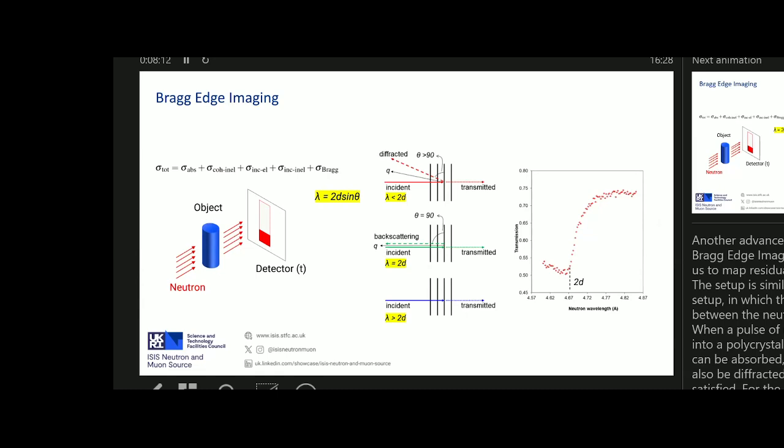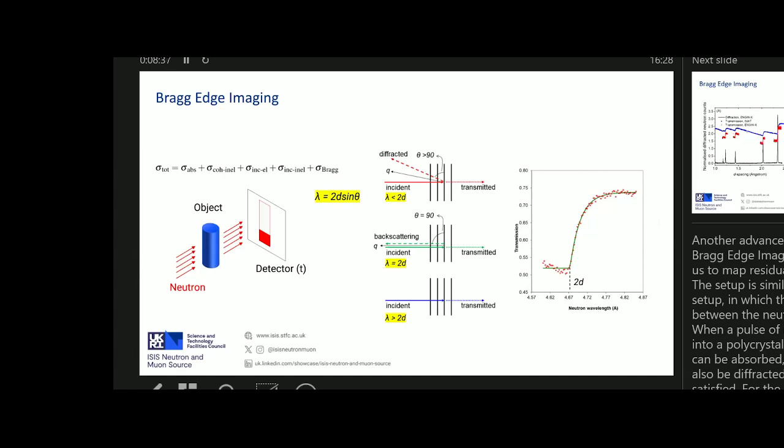So when the wavelength of the neutron beam increases up to a cutoff value, the diffraction term will disappear, and then the intensity received by the detector will jump, and that generates this Bragg edge.